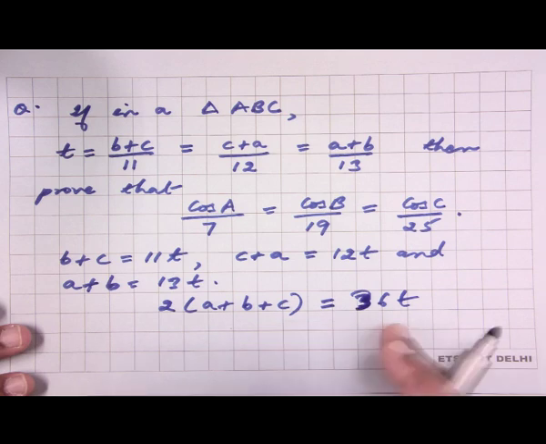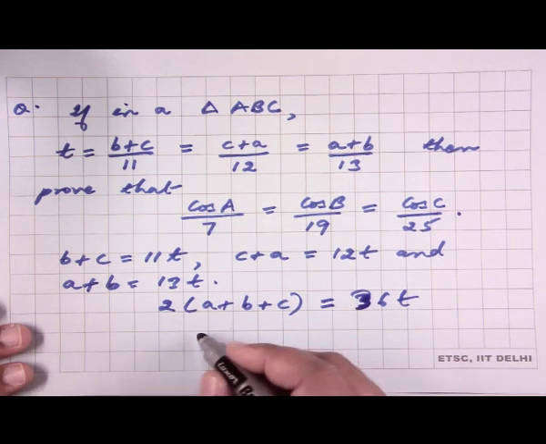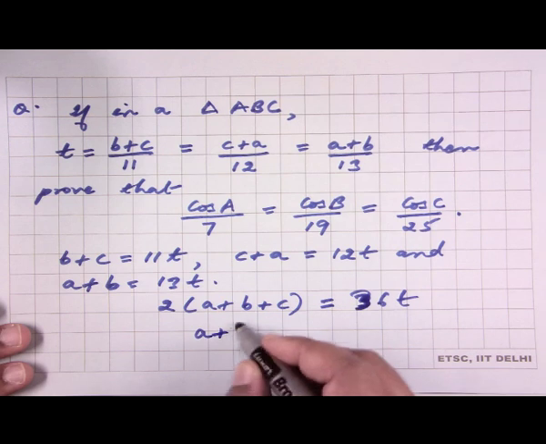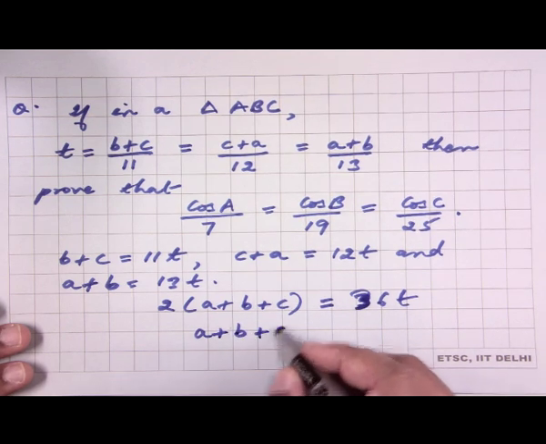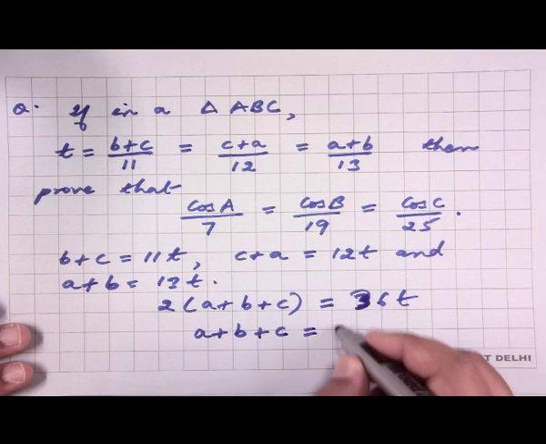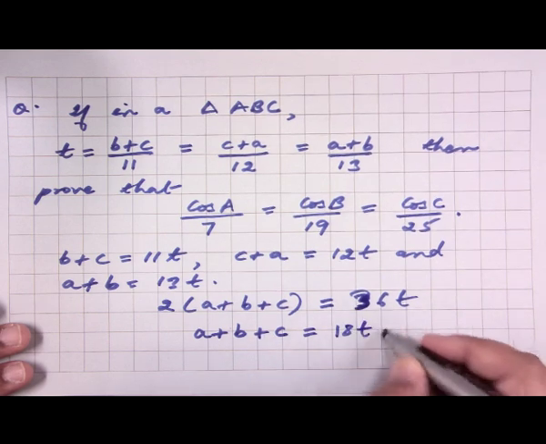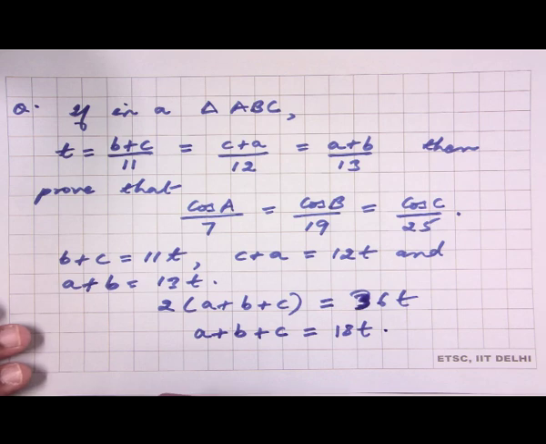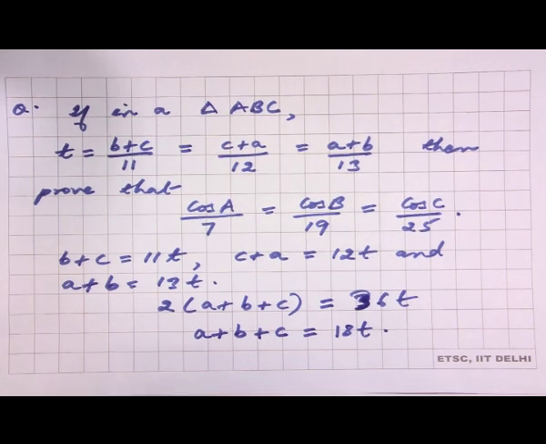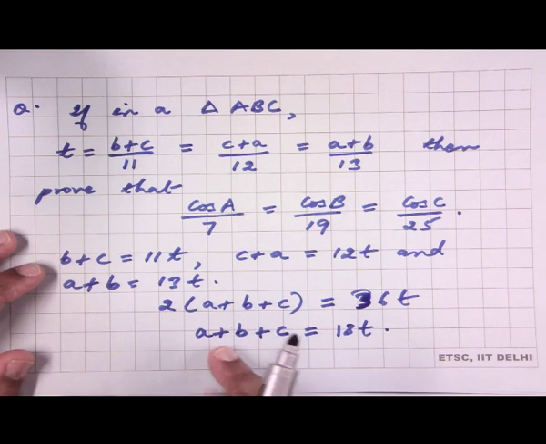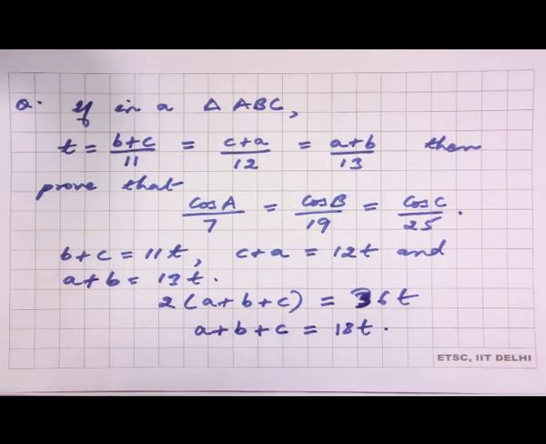And from this we can see that A plus B plus C is 18t. And therefore, now we can find A, B and C in terms of t.